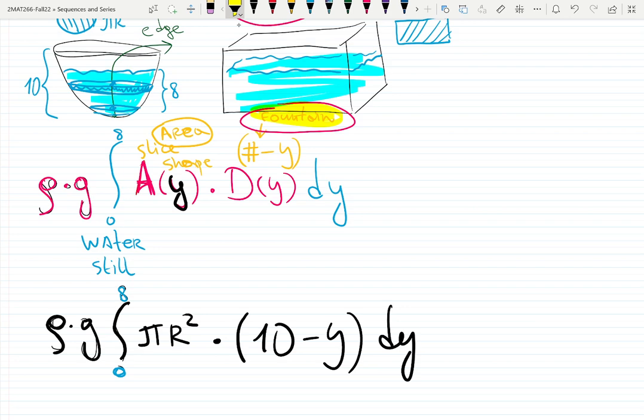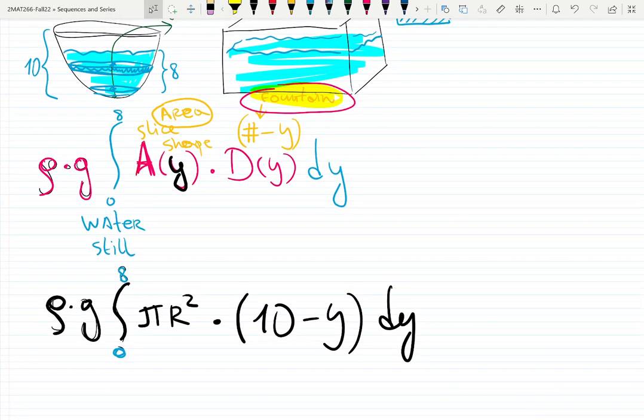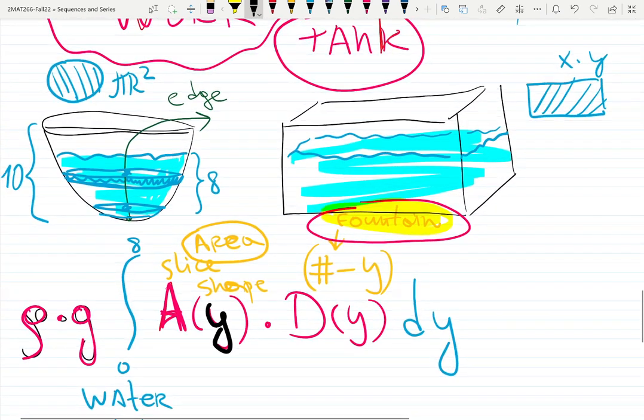So what should I do with pi r squared? Who knows? Just keep it as it is or not? That's also a complicated question. This depends on the problem. Radius is given. For example, the radius of the hemispherical shape is, say, 4. Radius is 4. But radius is not 4 all the time.